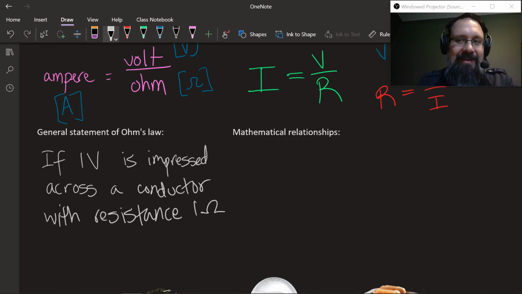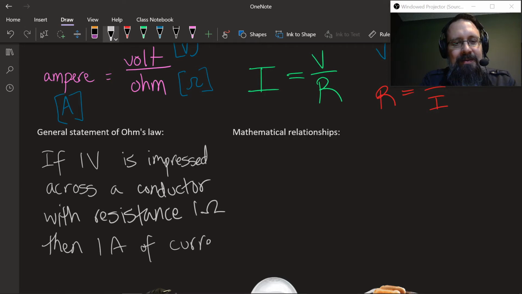Let's try that one more time. Okay, close enough. If 1 volt is impressed across a conductor with a resistance of 1 ohm, then 1 amp of current is established.